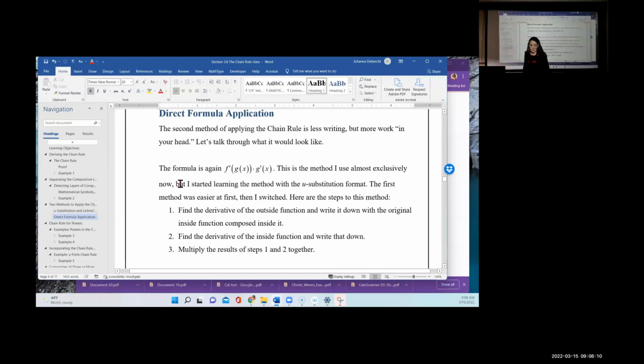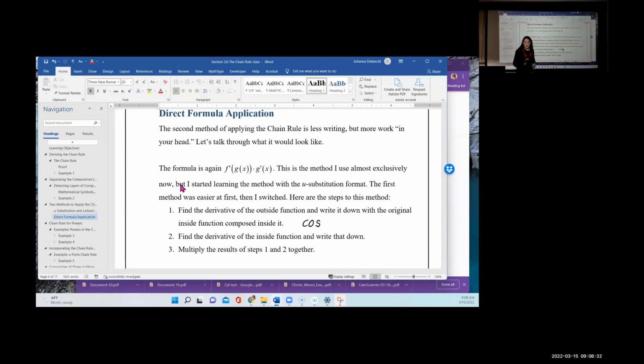Now, when we apply the formula directly, the steps are pretty much the same, but they mostly take place inside your head. So what you do is you find the derivative of the outside function, which in this case was cosine. So you would just write cosine, but you don't write down the argument, all right?